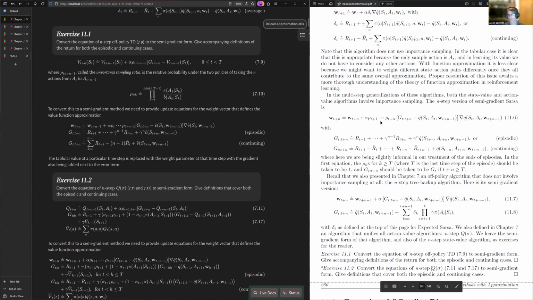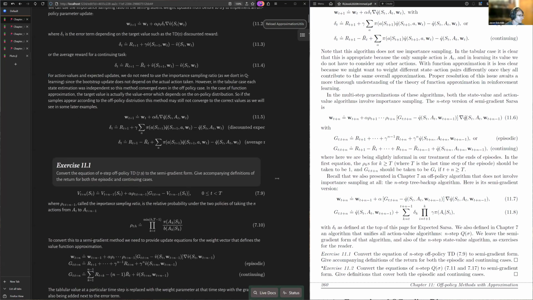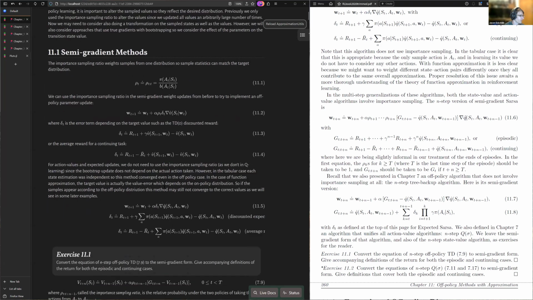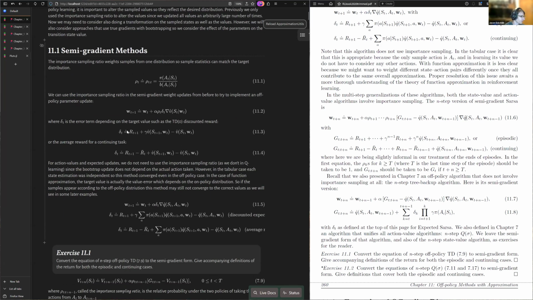But yeah, you can look at the solutions later, but it ends up following the same pattern as what it shows in the book, where you have this gradient of the estimate, and then you replace whatever the tabular estimate was with the parameter estimate here. So for simplicity, I would just think more about this delta, the one-step off-policy method.